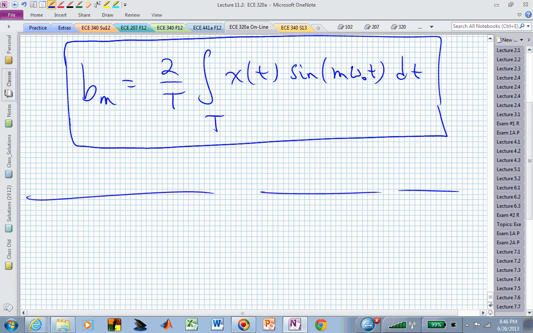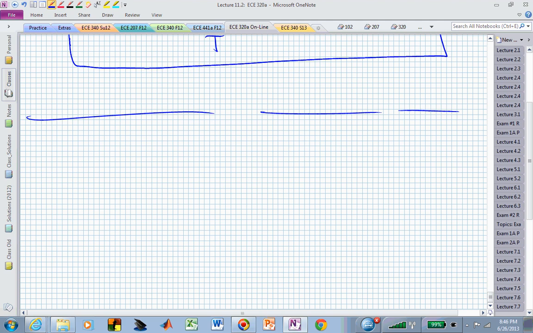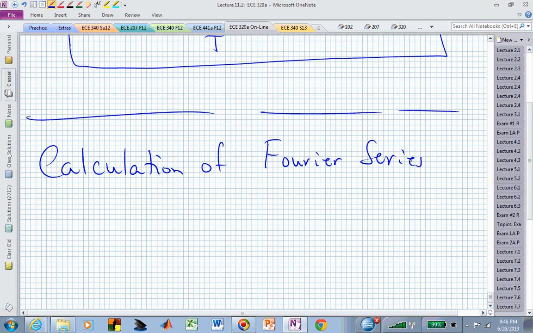Let's now compute the Fourier series for a particular periodic waveform. So now let's look at the calculation of the Fourier series.